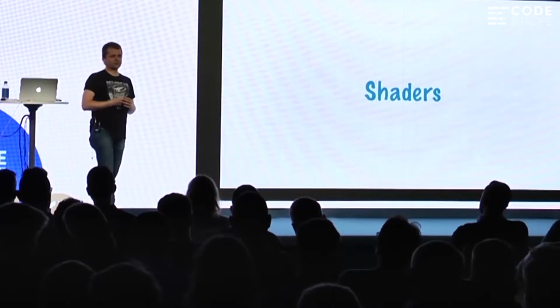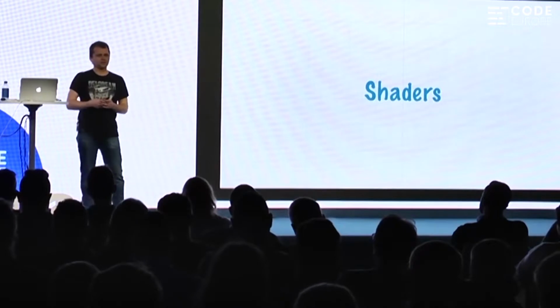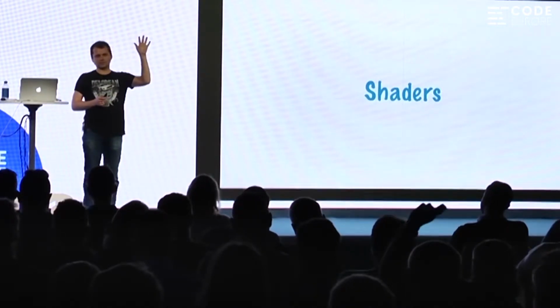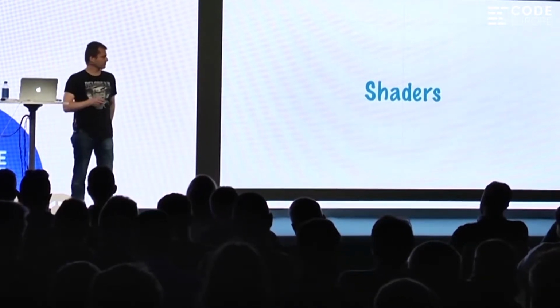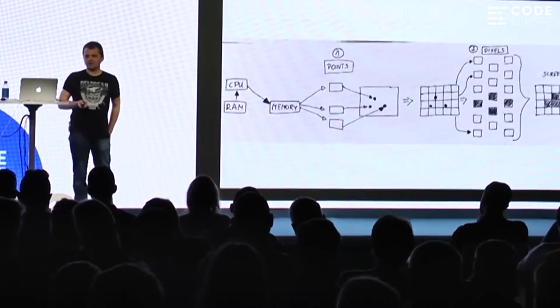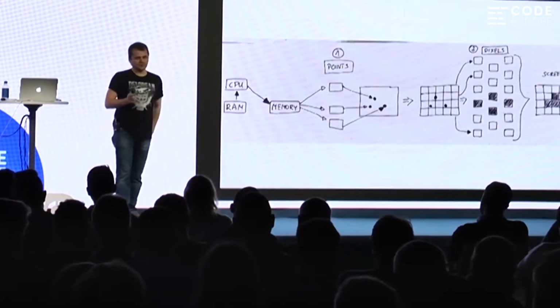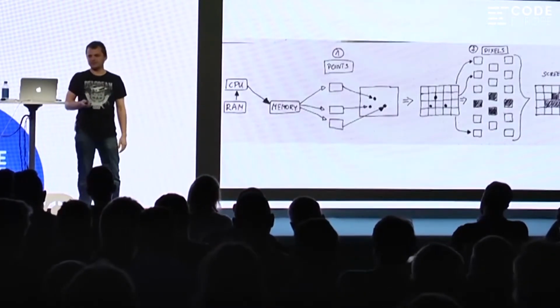Who heard about shaders? OK, a lot of people. And who knows what shaders are? Fewer people. OK, so before we know what this mysterious thing is, let's learn some vocabulary. Because 3D people think that points and pixels aren't fancy enough.